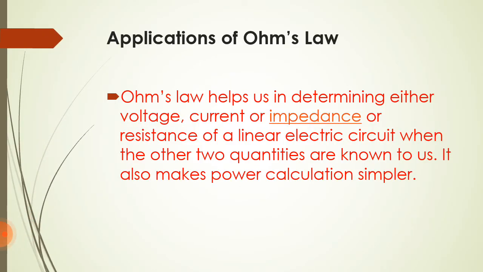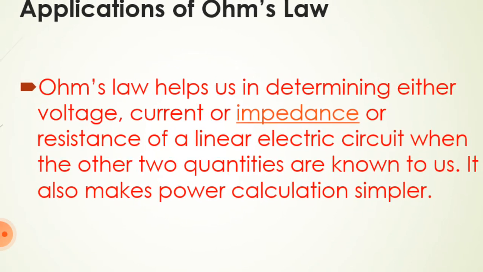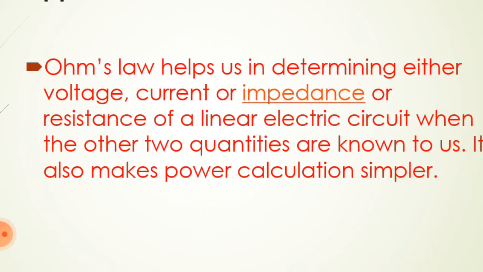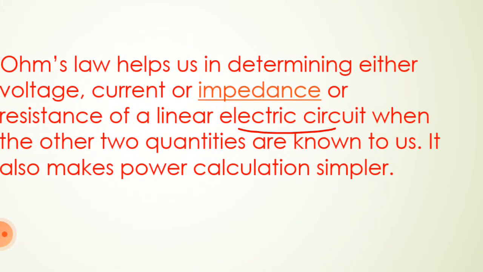Now, the application of Ohm's law. Ohm's law helps in determining either the voltage, current or impedance. That resistance we call impedance in an AC circuit, and in an electric circuit the other two quantities are known to us.